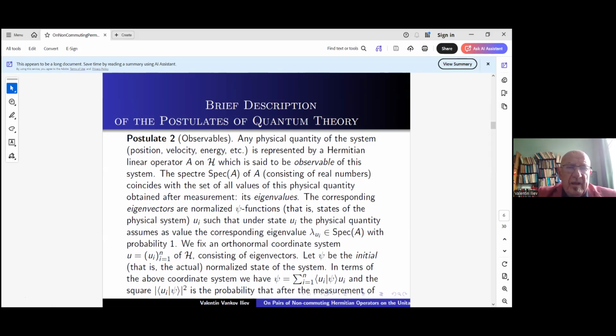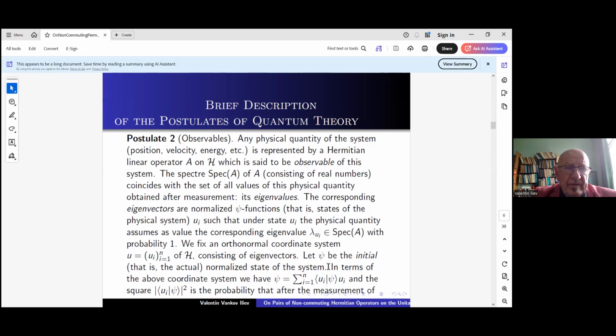They are the eigenvalues, in fact. The corresponding eigenvectors are usually normalized psi functions, states of the physical system. If we denote them by ui, and the physical system is in state ui, then the physical quantity assumes the corresponding eigenvalue lambda i with probability 1.